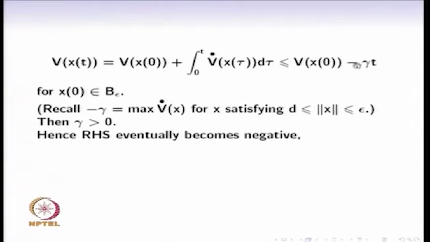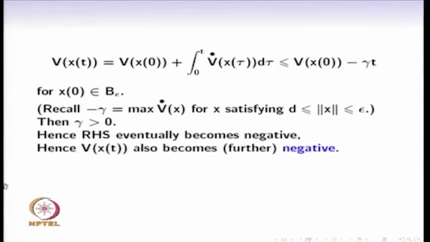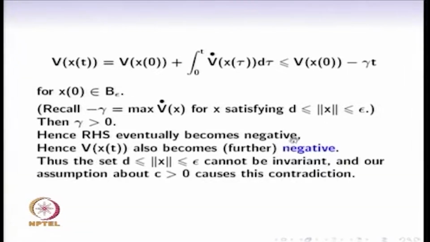This is a line that is sloped downwards, and hence there is some time instant t for which this quantity becomes negative, and v of x of t, which is even smaller, will also eventually become negative. Hence v of x of t becomes negative from that time onwards. So what have we concluded? V of x, which was guaranteed to be positive, has ended up becoming negative. This is the contradiction that we have finally obtained.